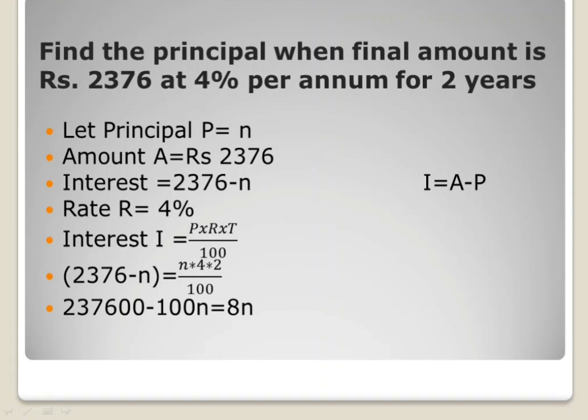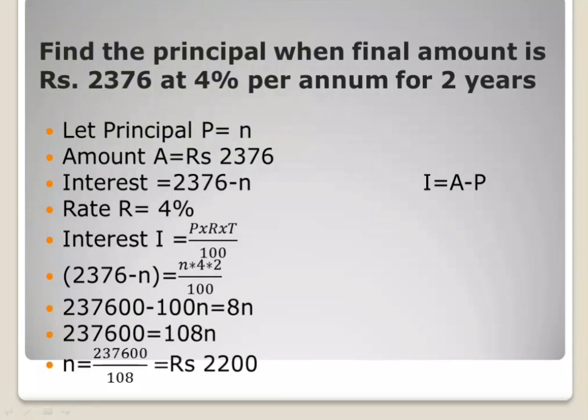It is subtraction, so it will become addition on that side. So 8n plus 100n will be 108n. So 2,37,600 equals 108n. Now to solve for n, I need to divide by this 108. So dividing, you will get n as 2,200. So this is your principal.